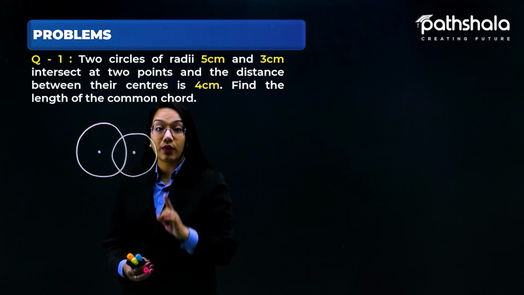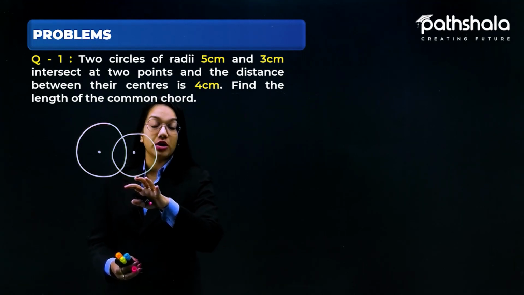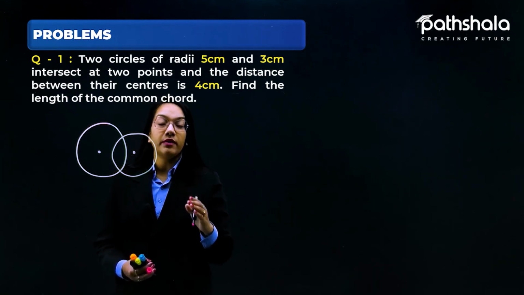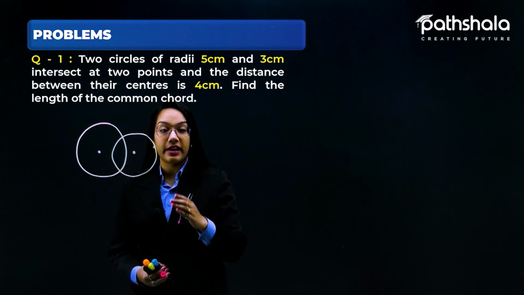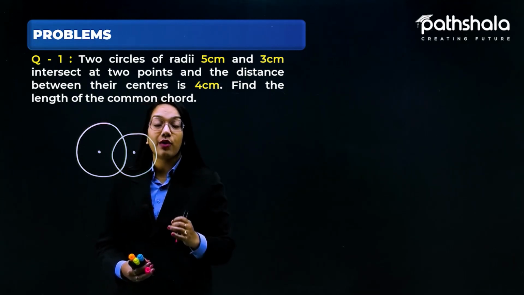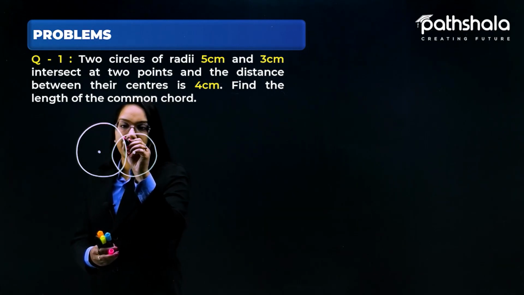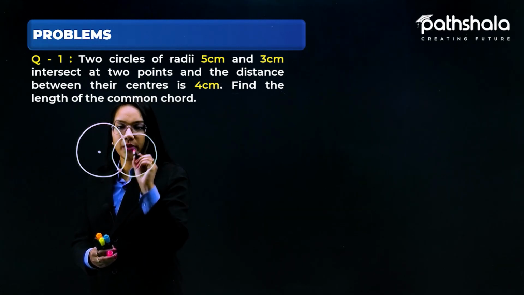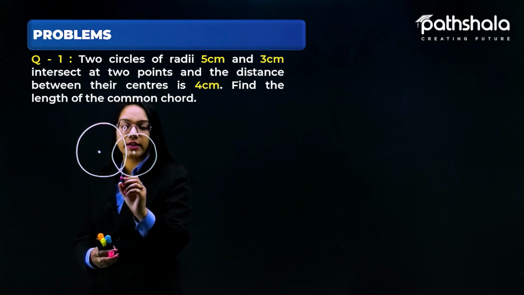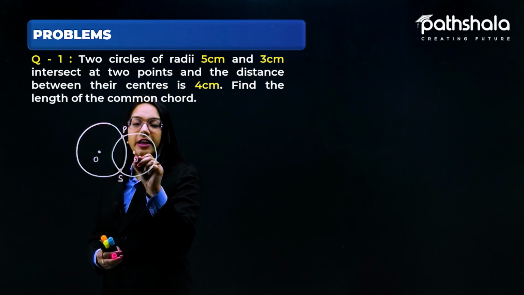Since this is a theorem and we are using it in this particular question, always remember that whenever two circles intersect each other at exactly 2 points, their centers always lie on the perpendicular bisector of the common chord. So I'm drawing a common chord over here, calling the points P and S, and the centers O and O dash.